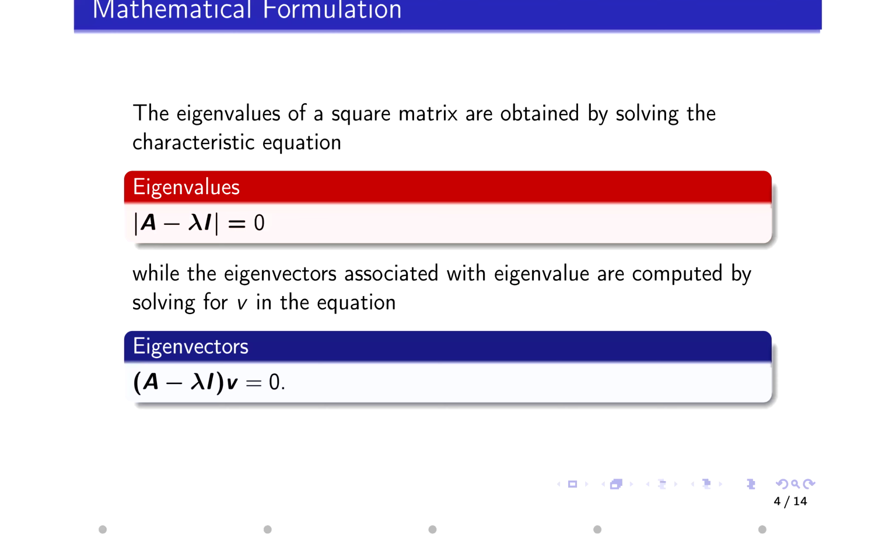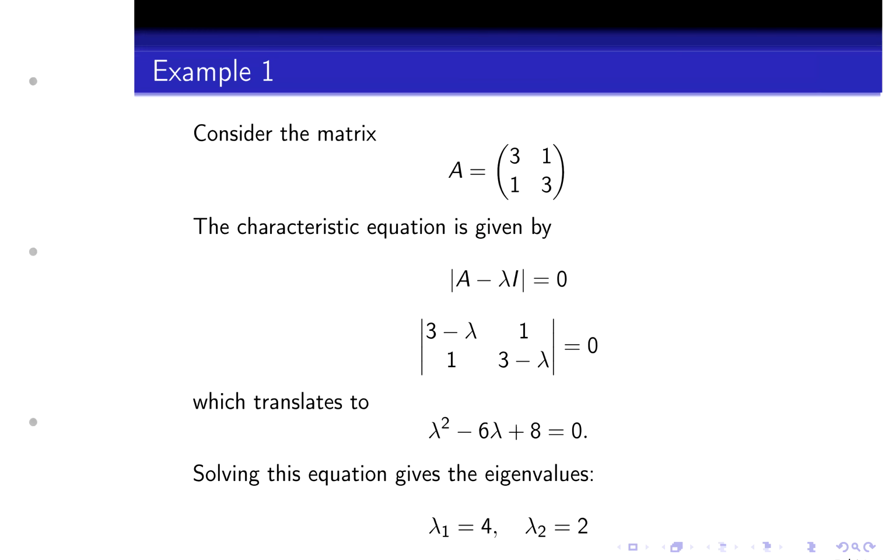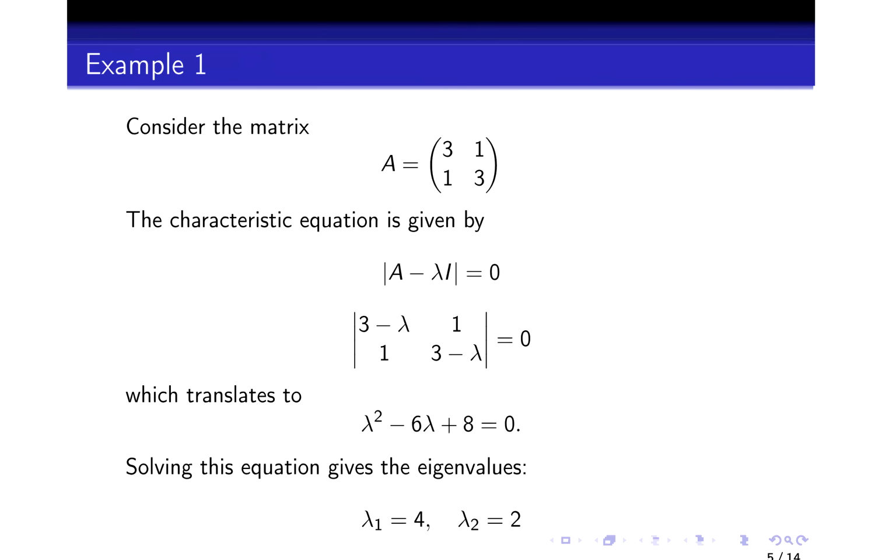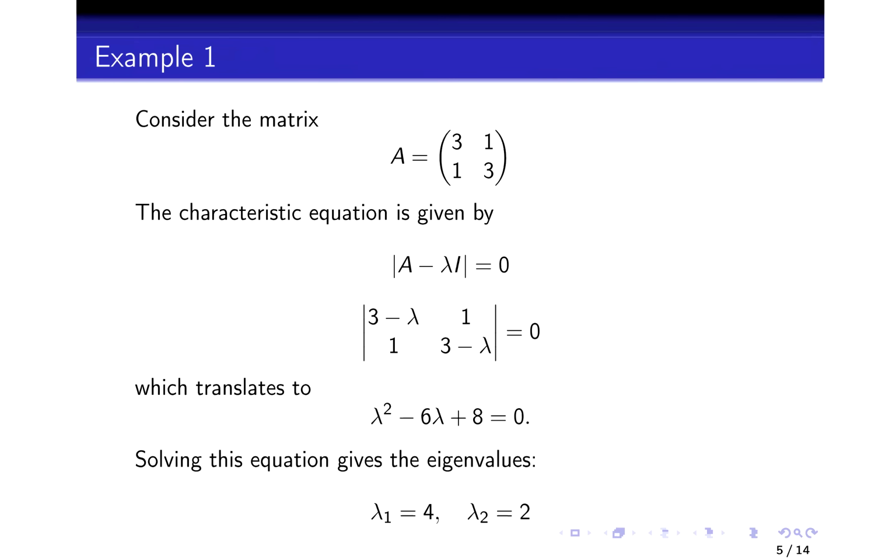Okay, so look at example one. We have a 2 by 2 matrix. Consider the matrix A, which is 3, 1, 1, 3. Since the eigenvalues are obtained when we solve the characteristic equation, the determinant of A minus lambda I equals 0.